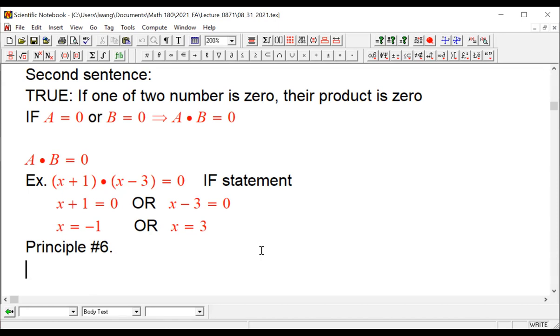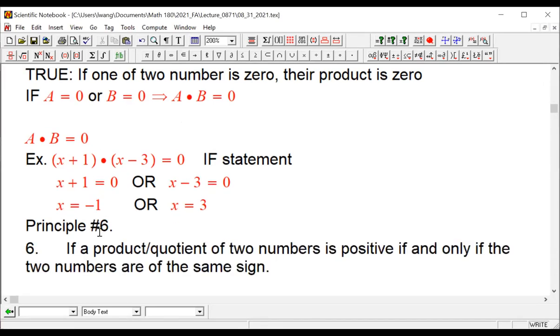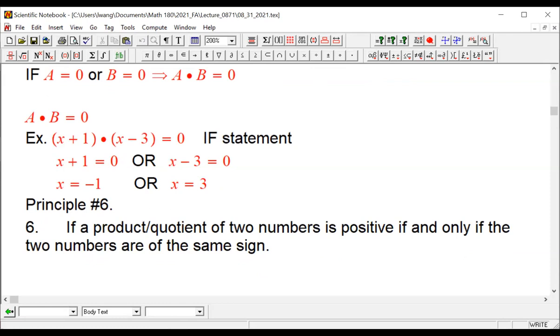Principle number 6 says if a product or quotient of two numbers is positive, if and only if the two numbers are of the same sign. Very good. Wonderful. And the next part of the statement?